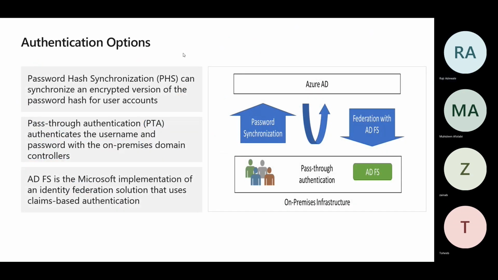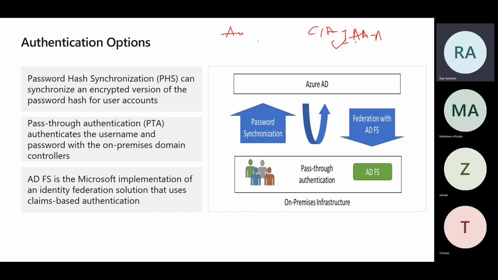Now, when you have a hybrid environment, the question comes up: how do I achieve my authentication? If you still remember when we talked about the CIA triad and the AAA, authentication, authorization, accounting, it always starts with identity, because you have to identify an object before you are able to authenticate it.